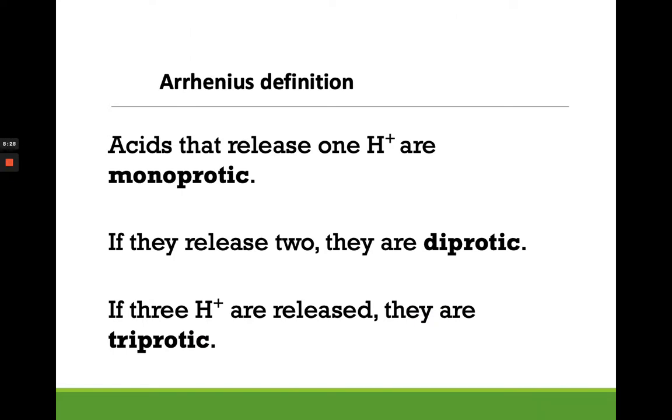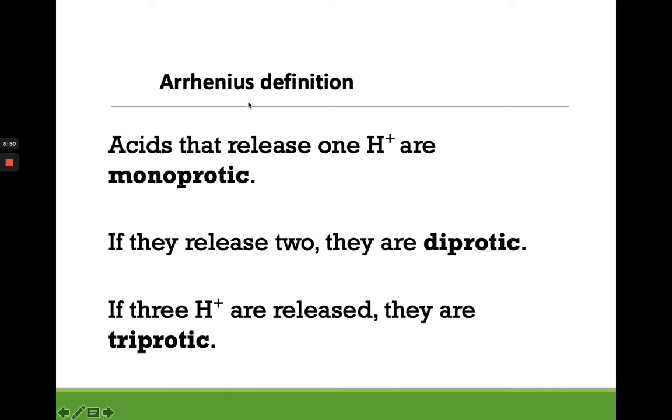Now, take note that acids that release one hydrogen ion are considered monoprotic. The protic part here represents proton, right? Because an H plus, a hydrogen stripped off its one electron, is basically a proton.